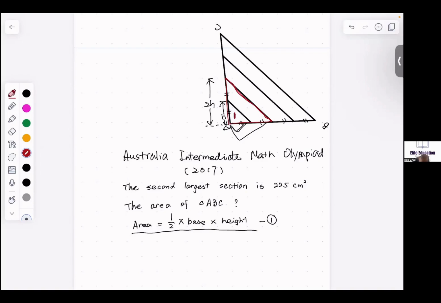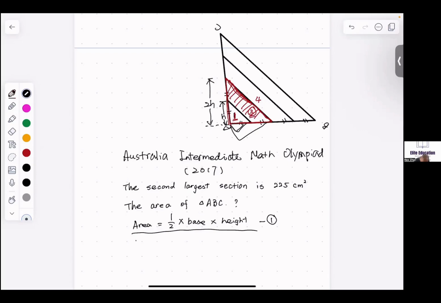So if we look at the trapezium, this must be 3, right? Because in total this triangle is 4, and the small area is 1, then the trapezium will be 3, so altogether it's 4 sections. Isn't it? So then we are going to be using the second bit of knowledge.